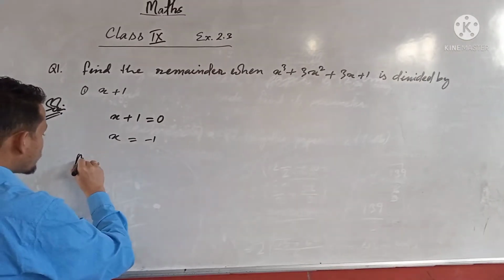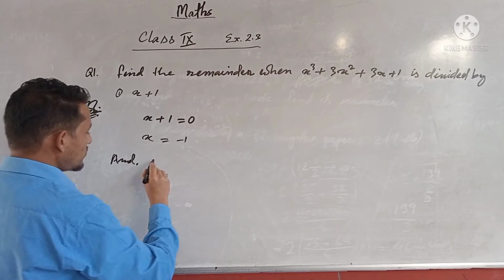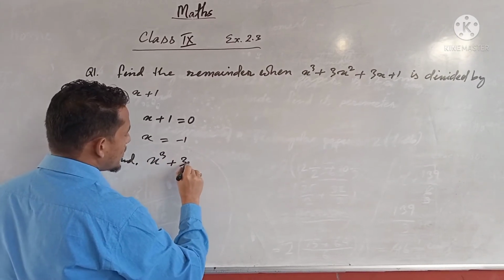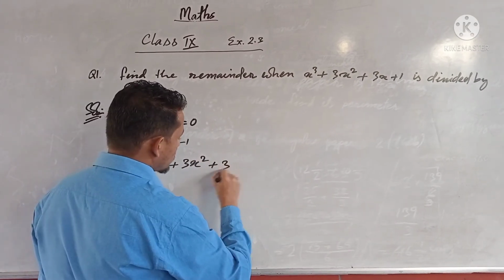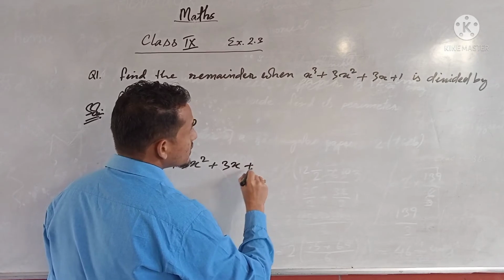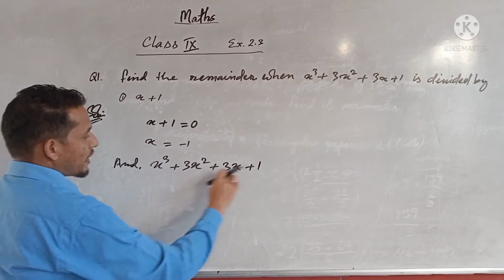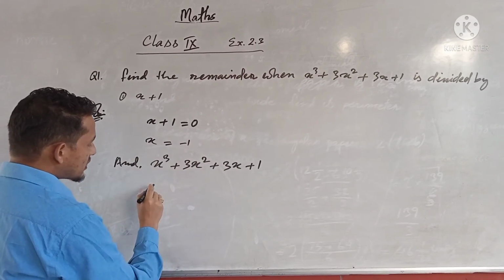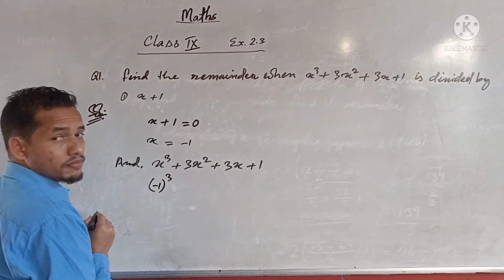Now you bring the first polynomial, x cube plus 3x square plus 3x plus 1. In place of x, you put this value. x cube means minus 1 cube.